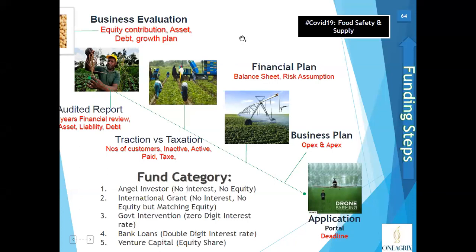Yeah, so what I was saying was the funding stages, as in steps. In funding, there are some steps you need to follow to be able to get the required funding.